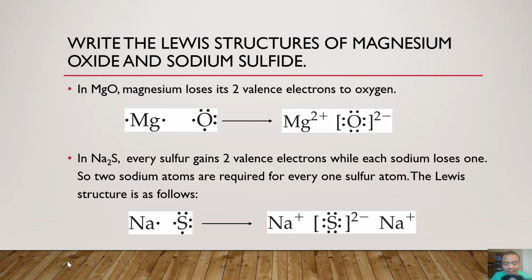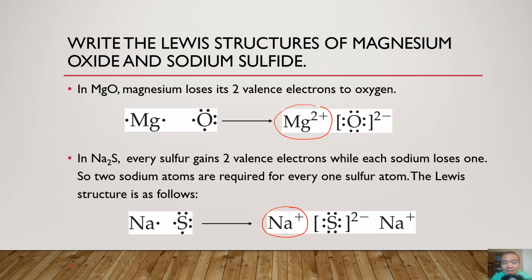Please note, after the transfer of electrons from the metal to the nonmetal, the cation is without dots. No dots surround the cation, as you can see in the magnesium ion Mg2+. Similarly, for another cation, sodium, there are no more dots surrounding the symbol Na.